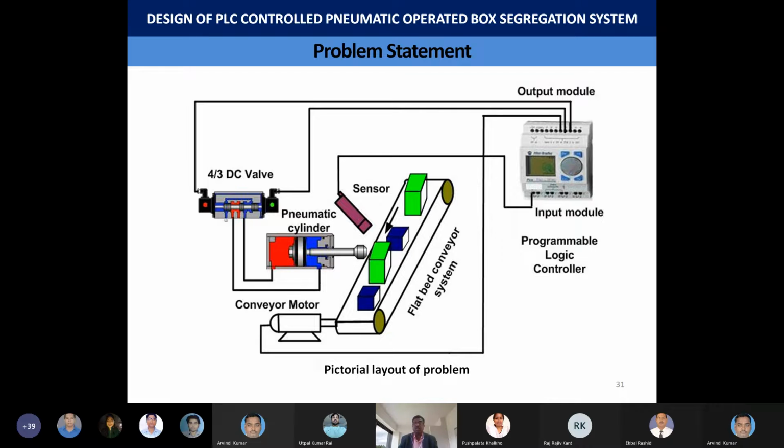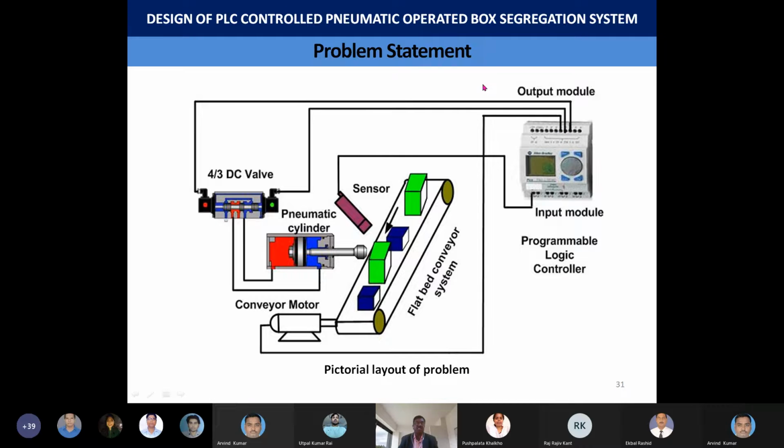The PLC controller has an input as well as an output module. It receives signals from the sensor systems in the input module, and it is programmed with what control signal to generate at its output module.